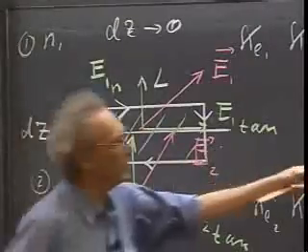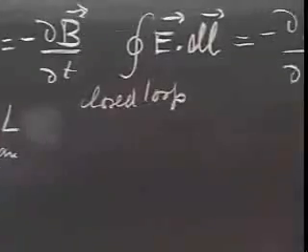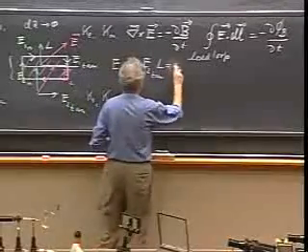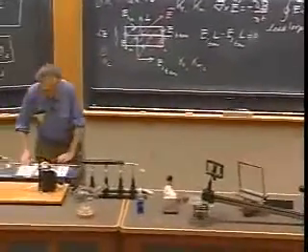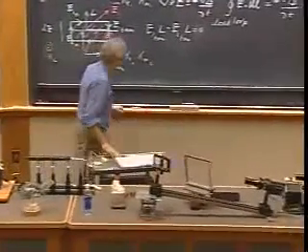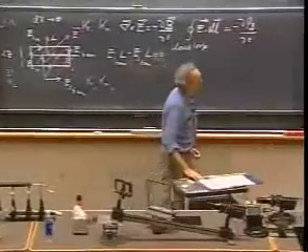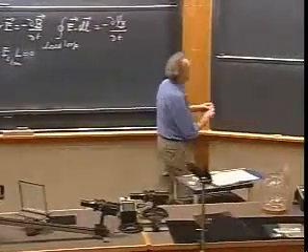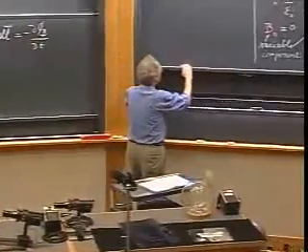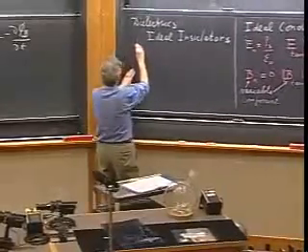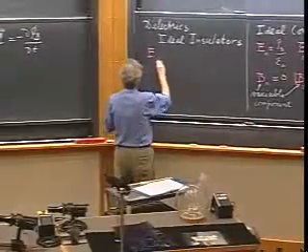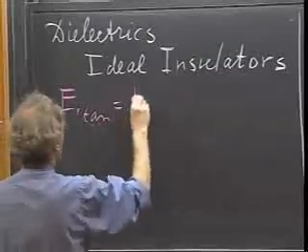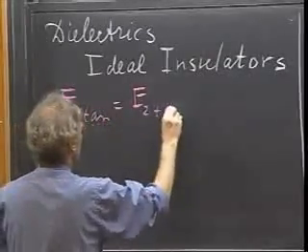So this part goes to 0. And so now you see that this equals 0. And now we have derived our first boundary condition. And the first boundary condition then for a dielectric is the following, that E1 tangential equals E2 tangential.